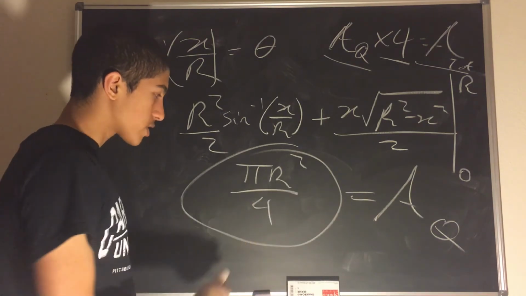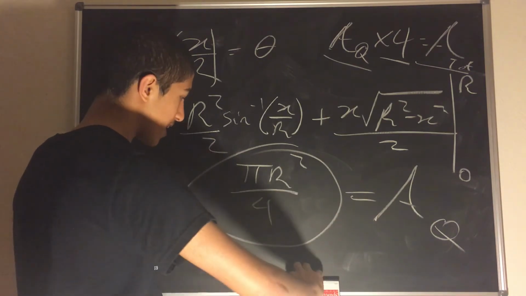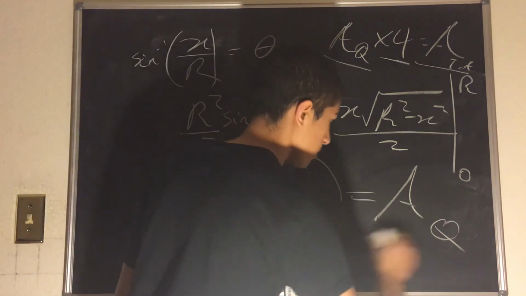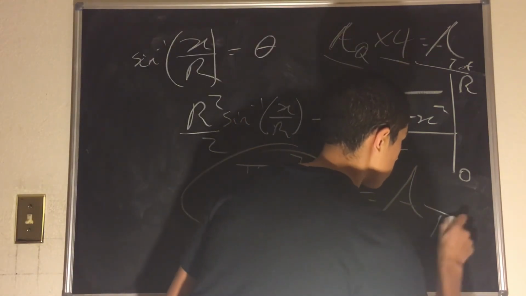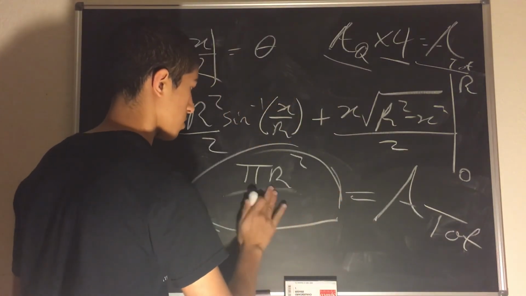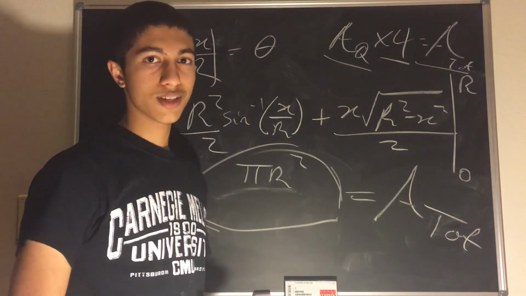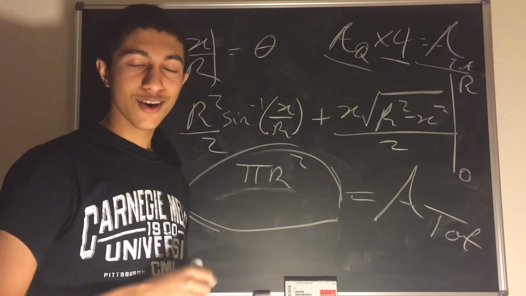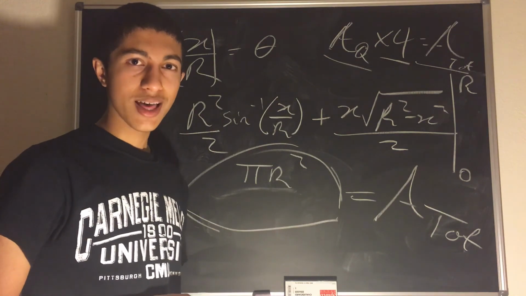When we multiply pi r squared by 4 by 4, we get pi r squared, which is equal to A total. And thus we have derived the formula for the area of a circle. Thank you very much.